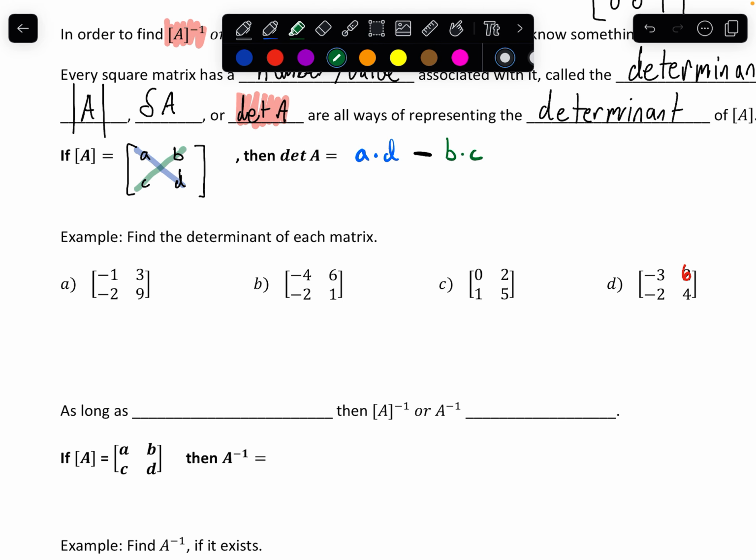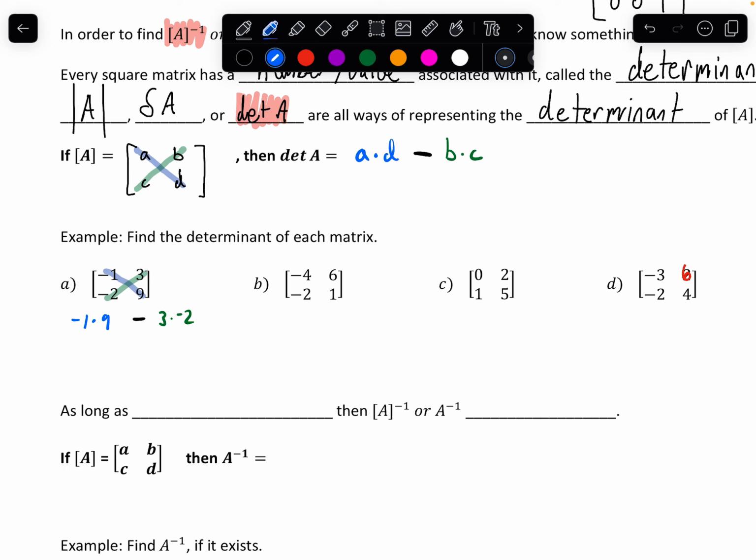So I want to look at the top left to the bottom right. So here's my A times D, and I'm going to write this out a little bit more than I normally would: negative 1 times 9, minus, and then B times C, which is 3 times negative 2.